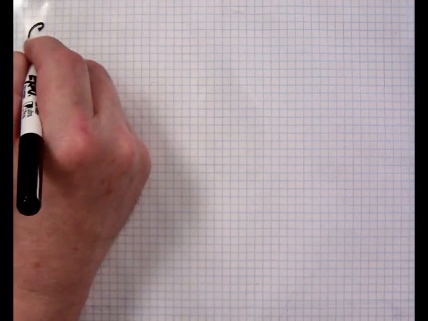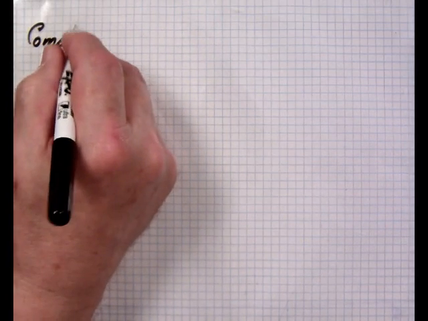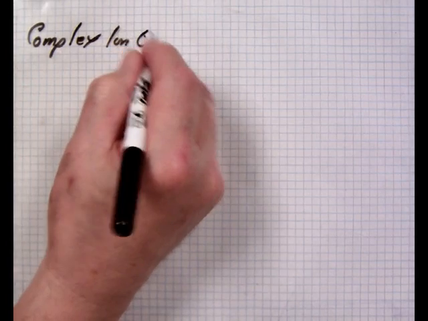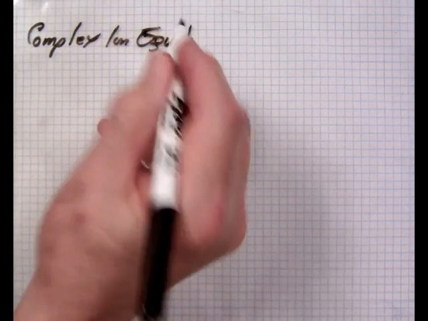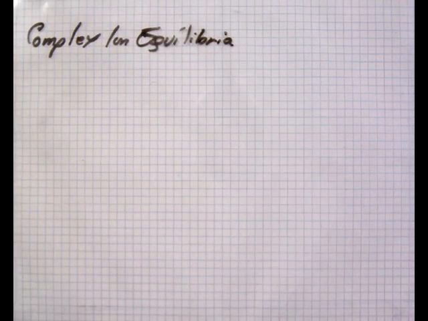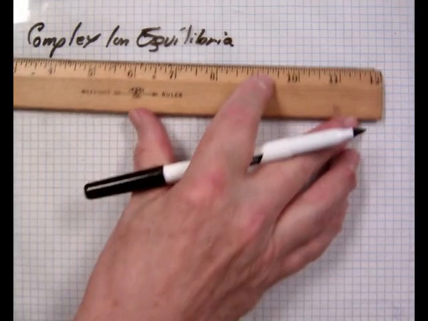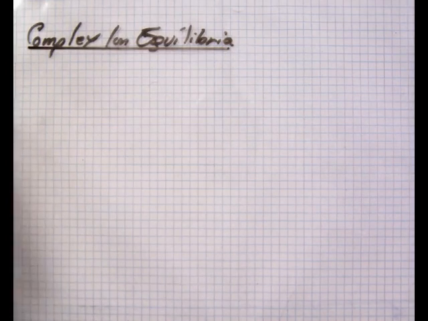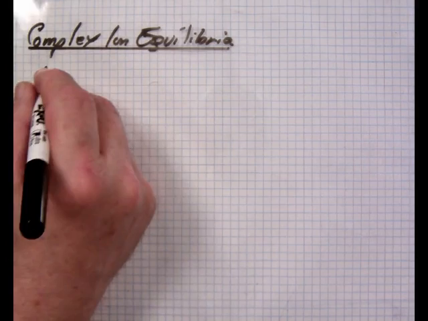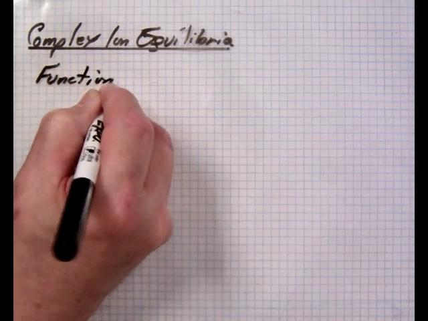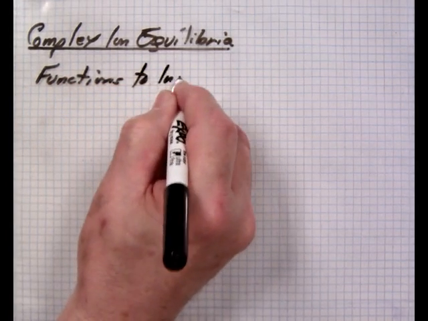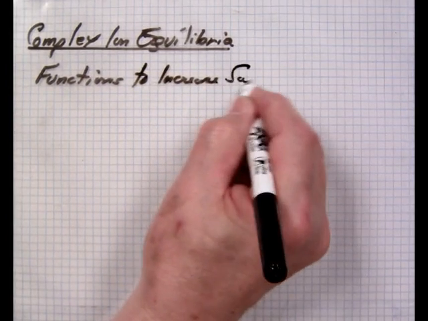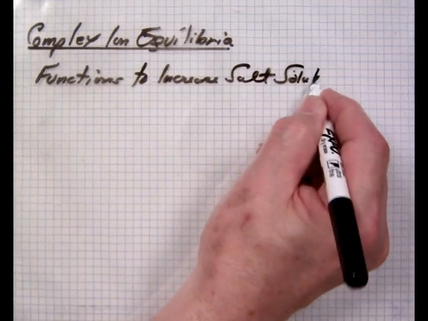Okay, last topic. Complex ion equilibrium. I just worked through one. Complex ion equilibrium functions to increase salt solubility. How?